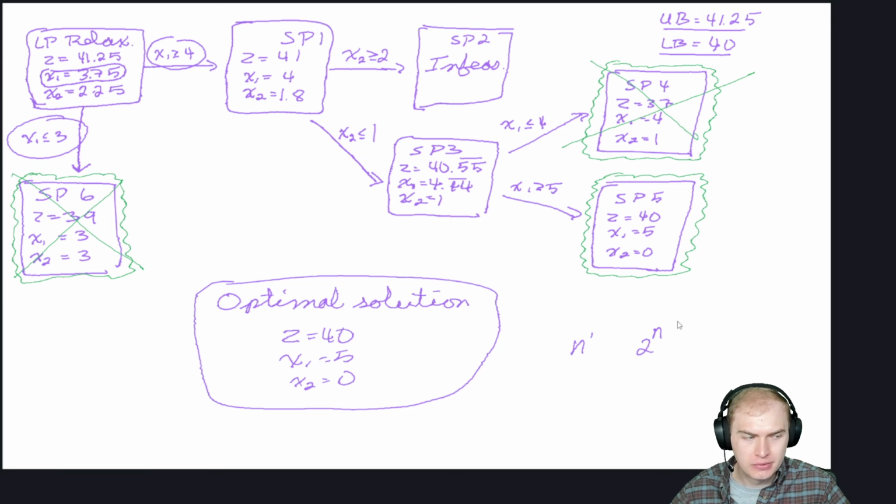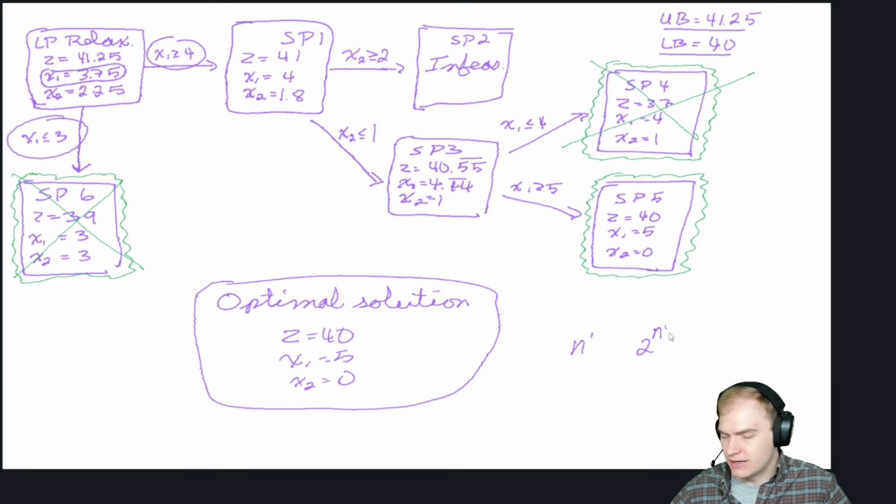at any step. So it's bigger than 2 to the n, or 2 to the n prime, which is quite large already. So it's exponential. It can take a long time to look through a branch and bound tree like this.